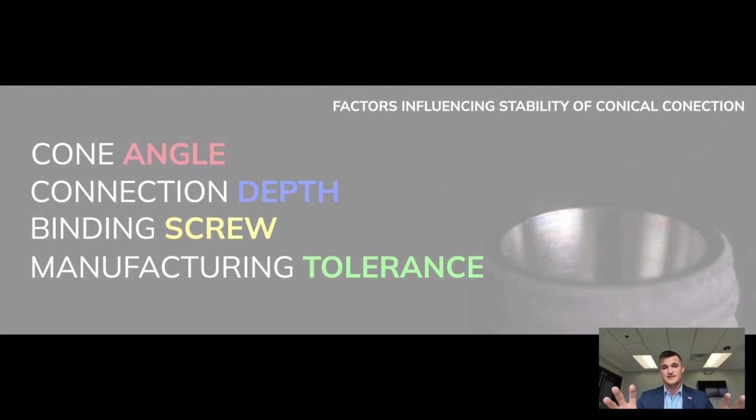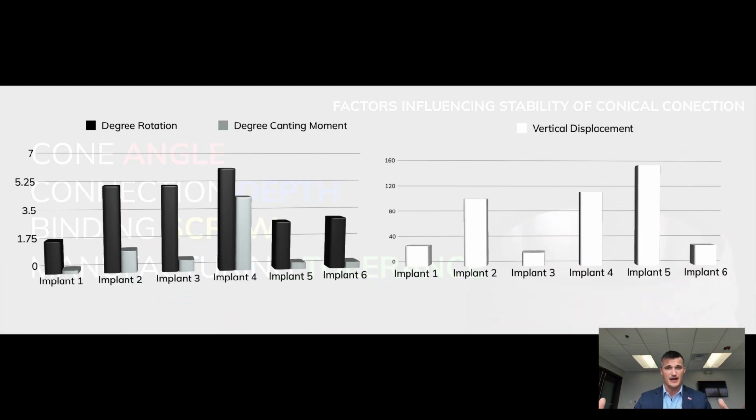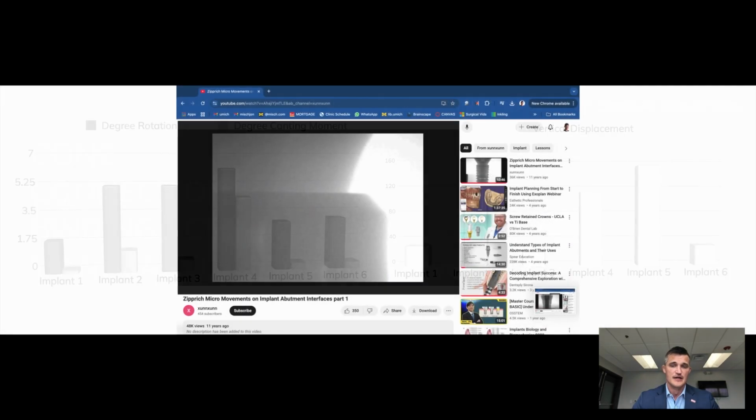When you look at different implant manufacturers and compare the degree of rotation, degree of canting, and vertical discrepancy, I'm not here to advertise for one implant company, so I replaced the company names with 1, 2, 3, 4, 5, 6. You can see implant 1 is scoring better on almost every one of these measurements. So there's very much an ideal connection we should be looking for in our conical connection implants.